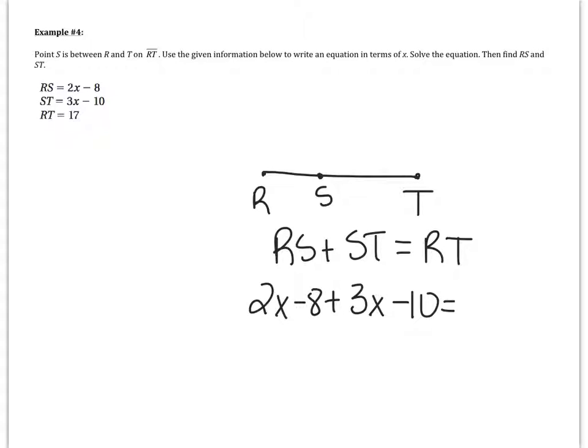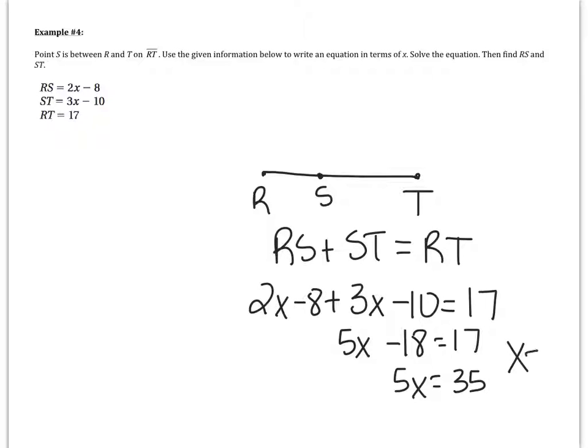So 2x minus 8 plus 3x minus 10 equals 17. So now that we have this equation, we're going to solve for x. So combine like terms, 2x plus 3x is 5x. Negative 8 minus 10 would be negative 18. I would add the 18 over, so I'd have 5x equals 35, and then dividing both sides by 5, I'd end up with x equals 7.